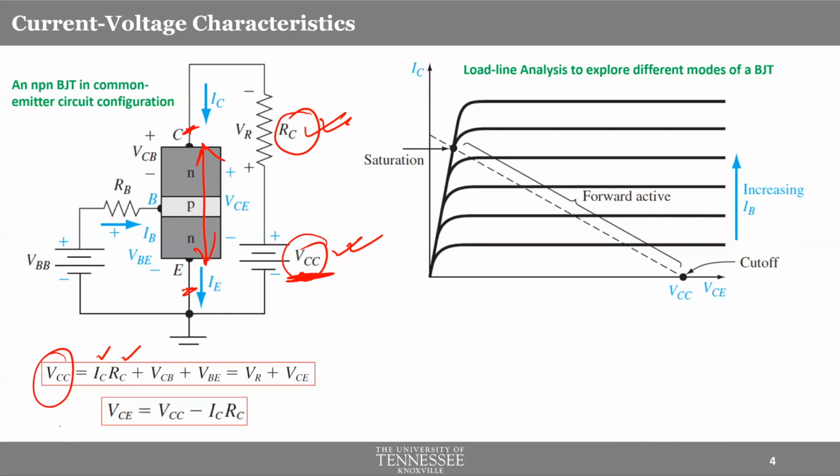That's the voltage drop across the resistance RC. And VCE could be divided into VCB, collector base, and VBE, base emitter. So VCB and VBE, done. And then eventually we could write it as VCE. Doesn't matter. And ICRC could be represented in a simpler way as VR, the resistance voltage drop, done.